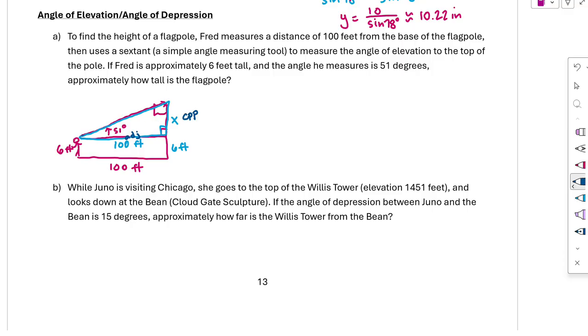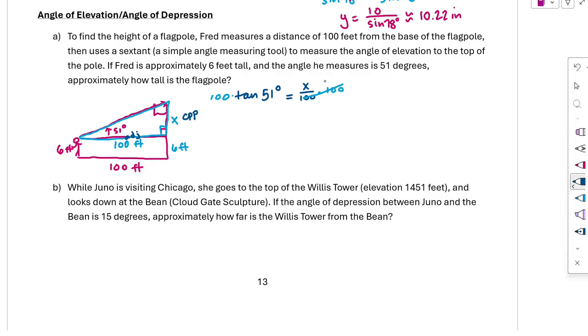We don't know anything about that. So we're going to use opposite over adjacent, or tangent. So tan 51 degrees is equal to opposite over adjacent, x over 100. This is a case where the 100 is on the bottom. We need to multiply both sides by 100.